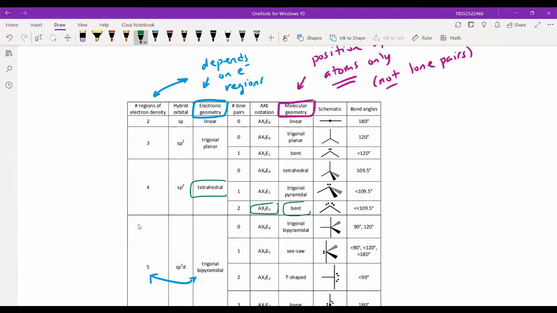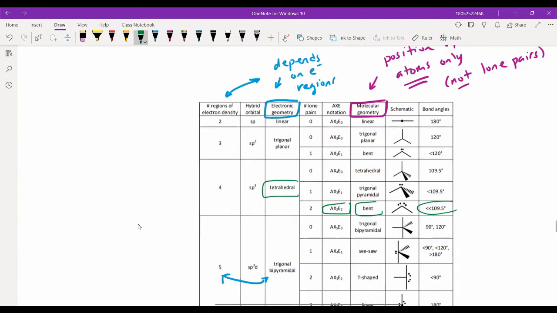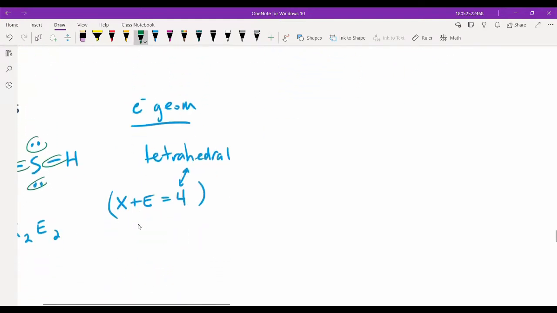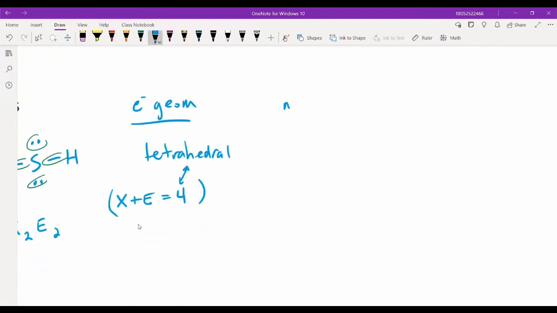And this is a picture of it, and the bond angles are less than 109.5. So I'm going to have molecular geometry being bent, with less than, it actually says less than, because of the 2 lone pairs.